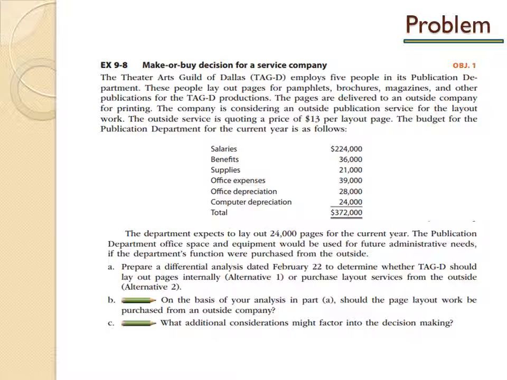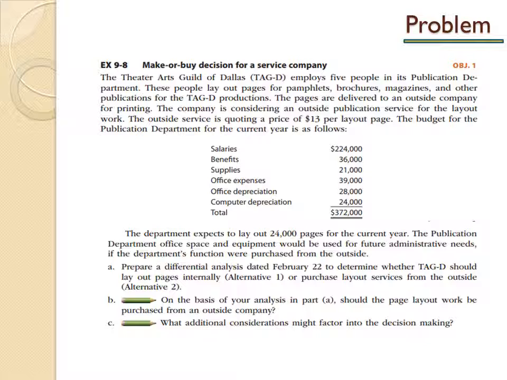So now we are at our fourth problem, which is EX9-8, another make or buy decision for a service company. The Theater Arts Guild of Dallas, or TAGD, employs 5 people in its publication department. These people lay out pages for pamphlets, brochures, magazines, and other publications for the TAGD productions.